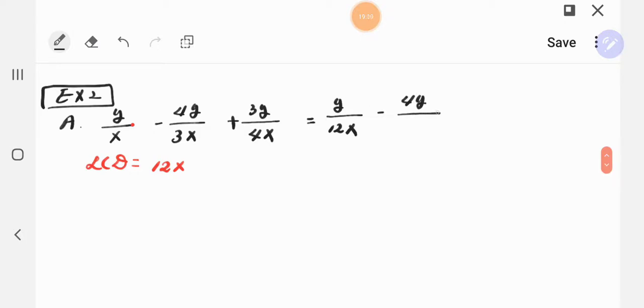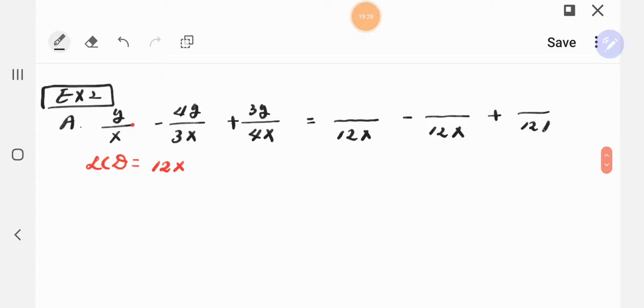We are not done yet. The denominator will be 12x. No matter what, the denominator should be 12x for all three fractions.